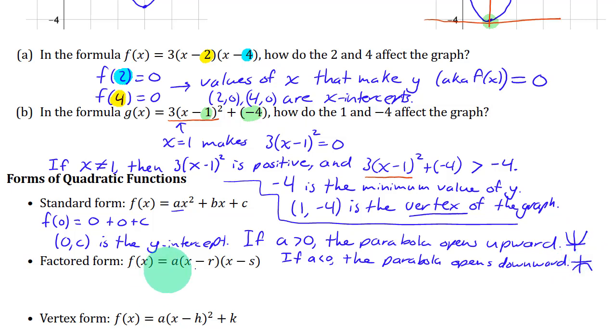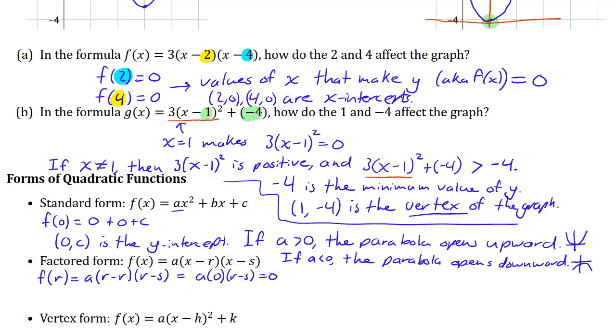Okay, so let's look at factored form. The trick here is that anything multiplied by 0 is 0. So if you plug in x equals r, like f of r here, whatever that number r is, you get a times r minus r times r minus s, which comes out to a times 0 times r minus s, which is equal to 0.